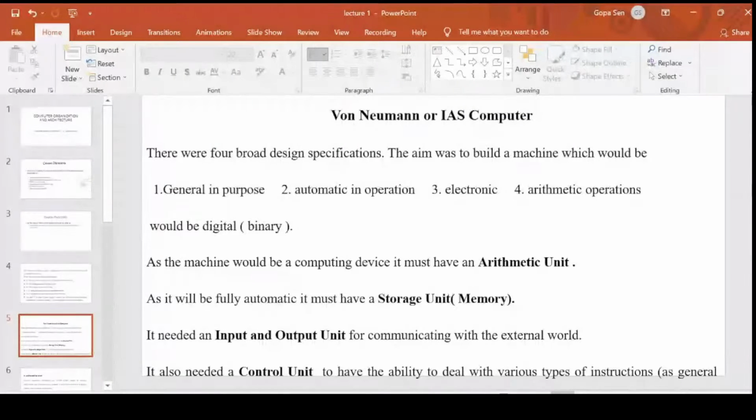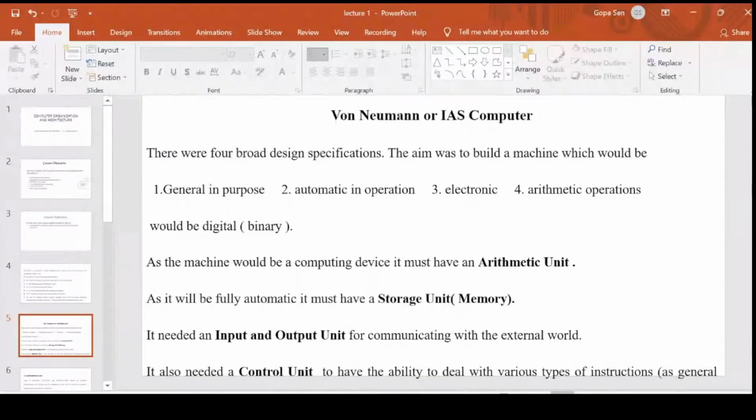Now, in different regions of the world, different scientists or engineers were trying independently to manufacture or design a machine which would be able to perform mathematical calculations. They were doing independent work. So it was suggested that a general rule be formed so that all the work done by individuals can be combined.